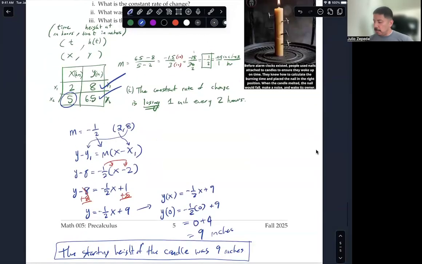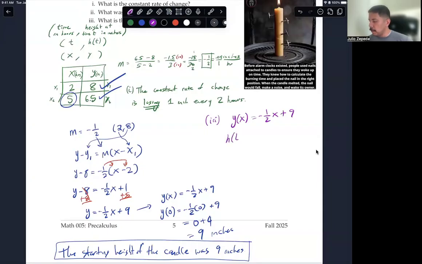So now we have part three. We actually have a function now, y of x is equal to negative 1/2 x plus 9. This says that the height... and if you prefer, just in case somebody's interested, we can call this h of t.